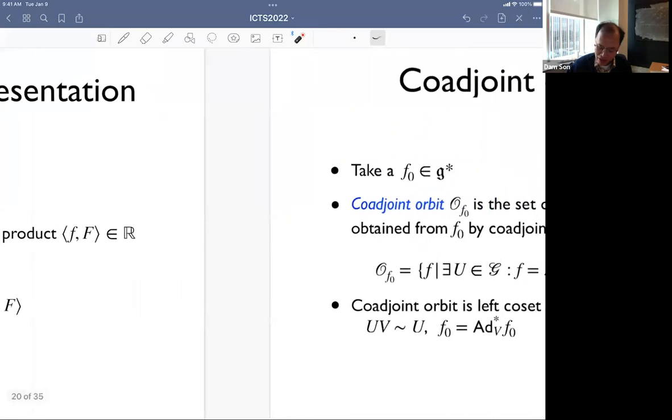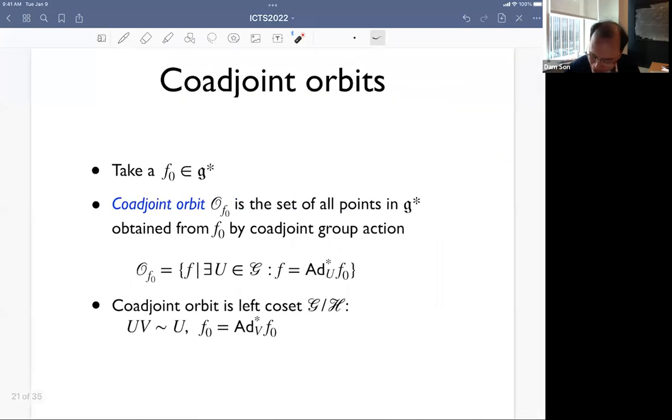So the coadjoint orbit is defined as follows: we take an element F0 of the dual space and apply to it all possible elements of our group according to the coadjoint representation, and this F0 will be transformed into other elements of the dual space. The trajectory of this F0 is the coadjoint orbit, called O of F0.